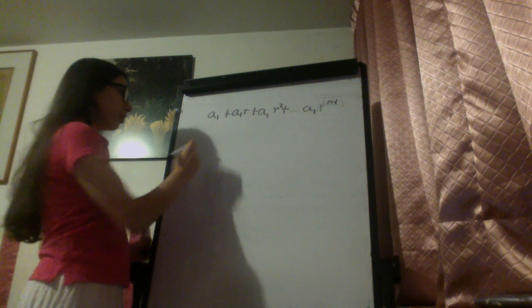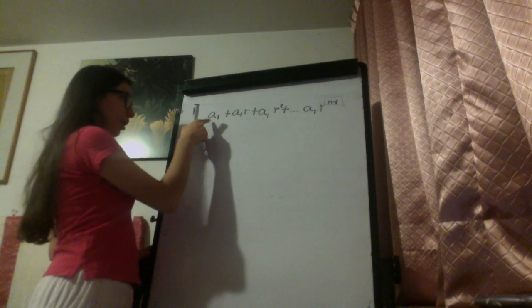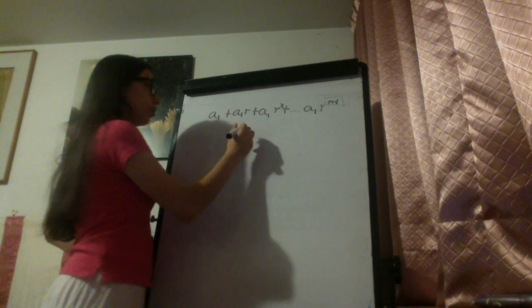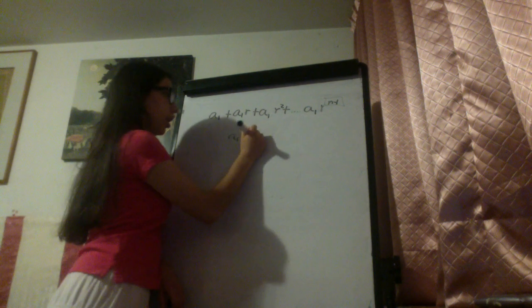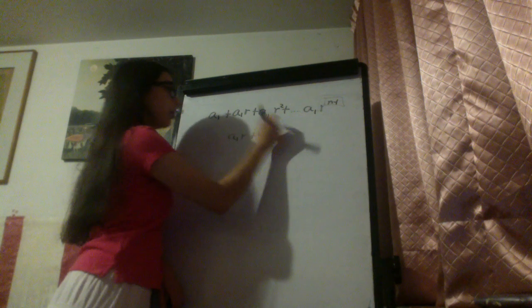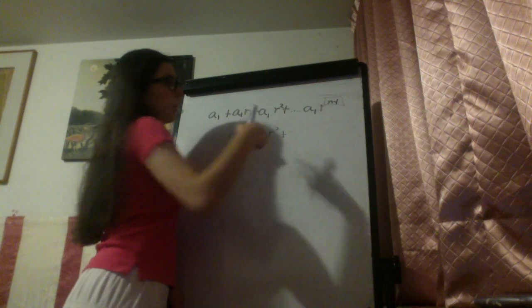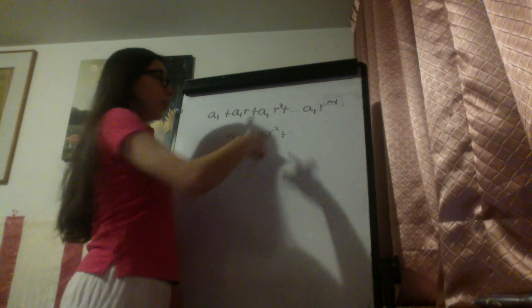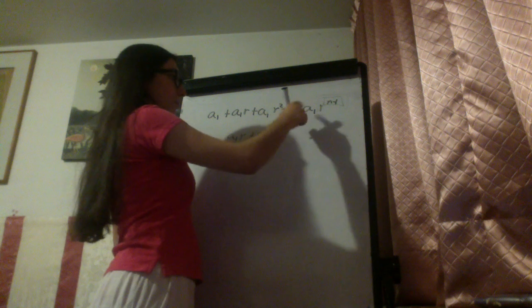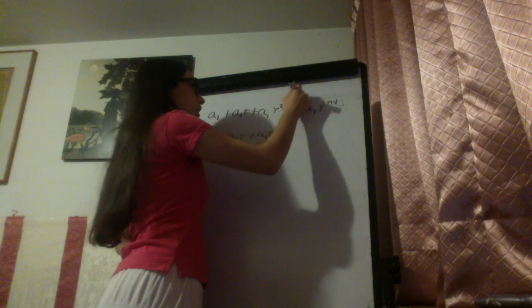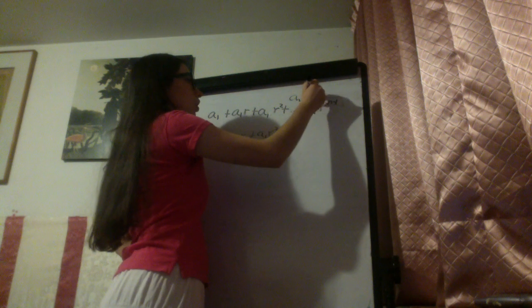Alright, now what happens if we multiply this times r? So we would have a1 times r would be a1 r. This times r would be a1 r squared. Then this times r would be a1 r cubed, all the way down until the previous term, that is a1 r to the n minus 2.